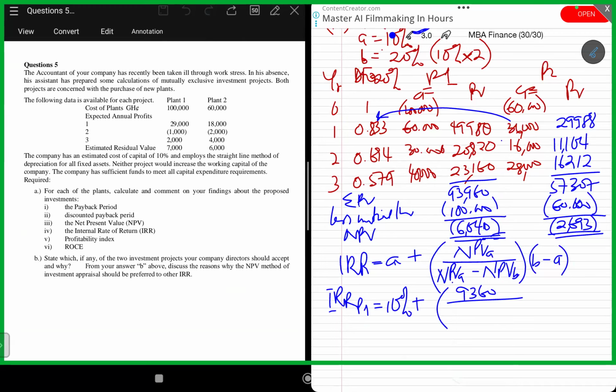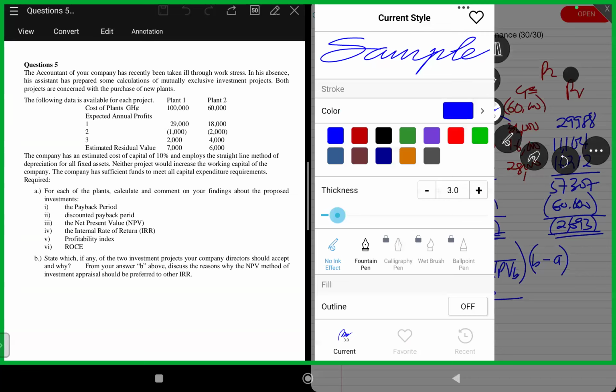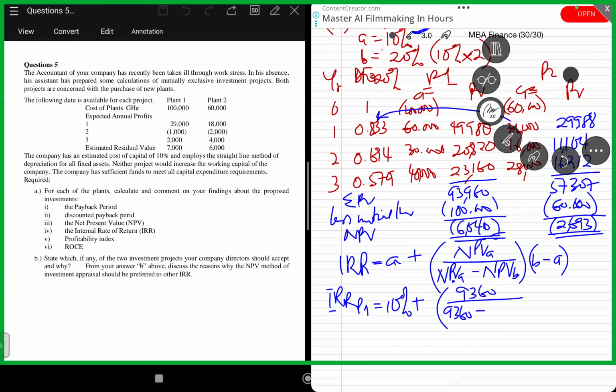Then the second in the formula, numerator, the first value is also NPV. So we say 9360 minus, what is the NPVB? The NPVB is for the new rate, right? When we use the 20%, what NPV did we arrive at?